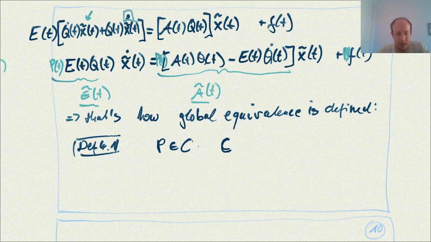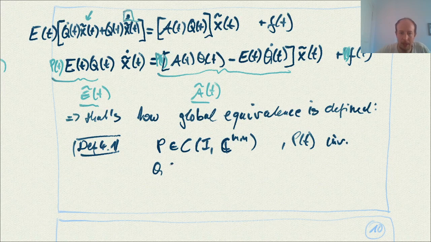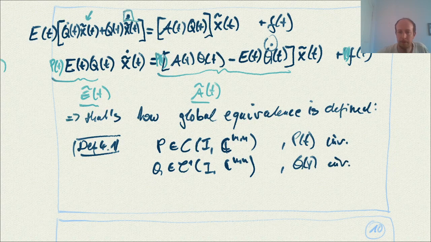P to be a continuous function from this interval to m times n complex matrices, pointwise invertible, P of t invertible, Q to be in C1, so here we need this derivative of the Q. Same here, Q of t invertible.